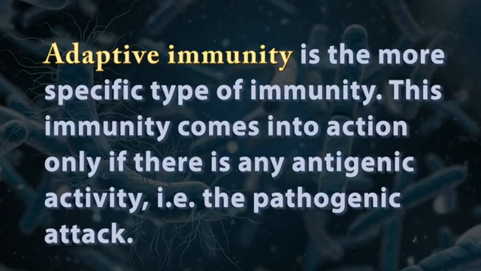Adaptive immunity is the more specific type of immunity. This immunity comes into action only if there is any antigenic activity, that is, the pathogenic attack. When a foreign body enters, the cells specific to that antigen, the immune response activates and tries to kill that antigen.